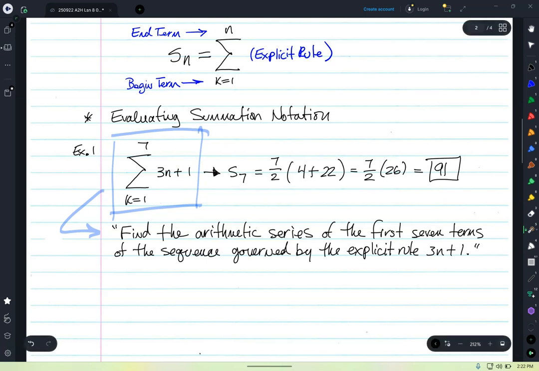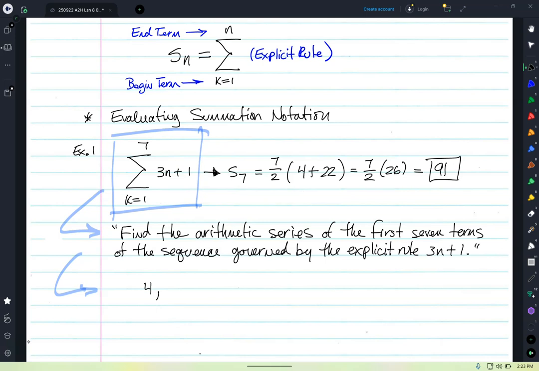Okay, let's do this. Just for clarification, let's write the sequence. I didn't give you the sequence, but let's write it. Where am I going to start? 4. Yeah, 4, right? I'm going to start at 4. Okay. What's the next number in the sequence? Oh, wait, we don't know the common difference.